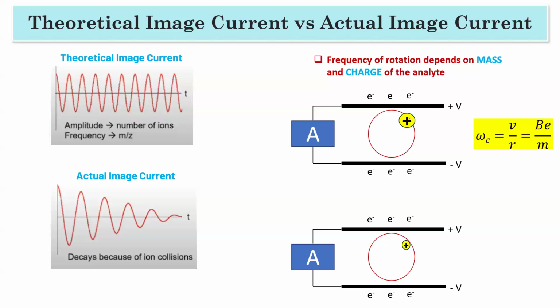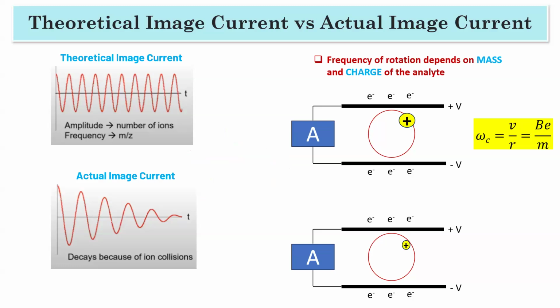Because you don't have only one charged ion inside. There are many charged ions, right? In the mass analyzer, from the ion source, the ion source is not just sending one molecular ion. It is sending many, right? So if a lot of molecular ions are going inside, there is a chance that they may hit each other, right?